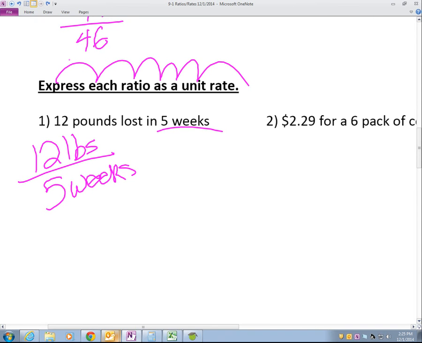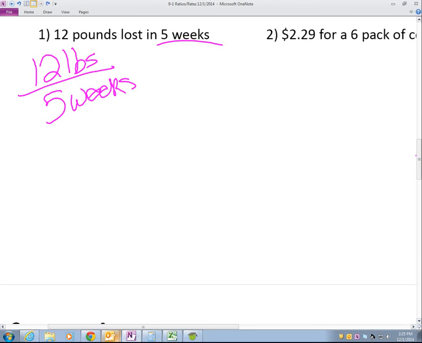So I'm just going to divide. 12 divided by 5. Now keep in mind that the denominator is the divisor, okay? The denominator is the divisor, and it's going to come out to be 2.4.